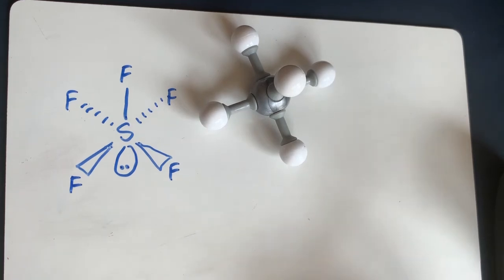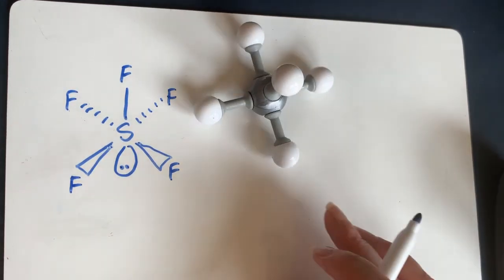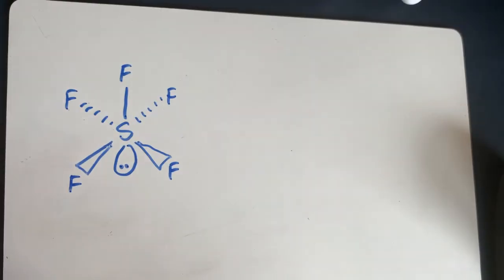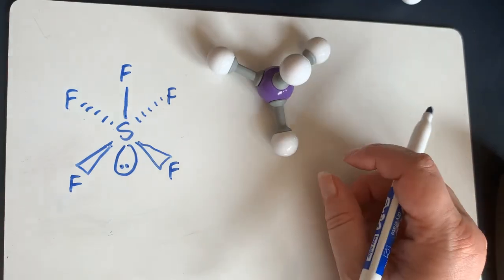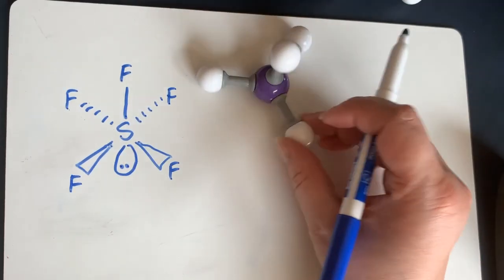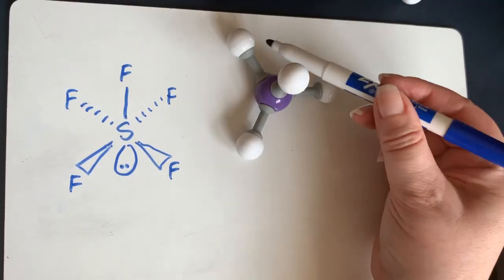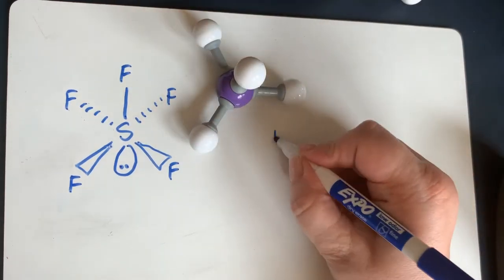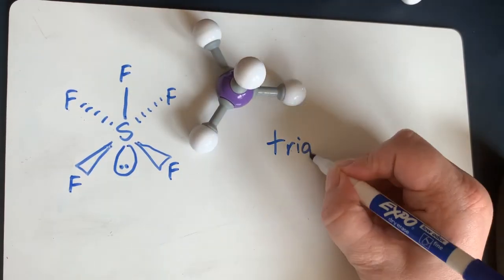So, take 2. When trying to come up with a name for this structure here, it's worthwhile comparing that to one that we've met previously, which would be this. So if we've got this triangular base pyramid, that one was trigonal pyramidal.